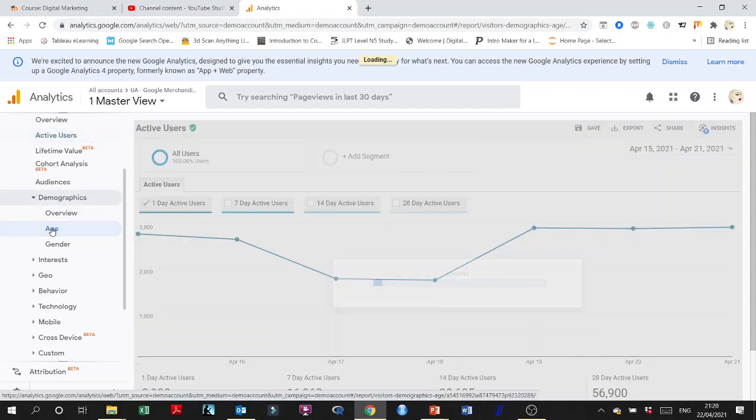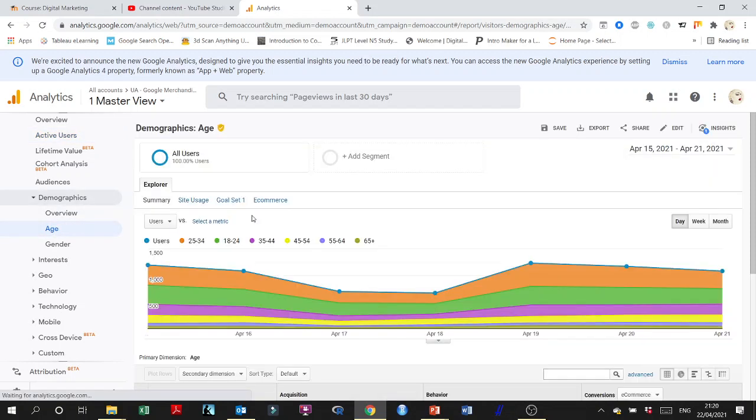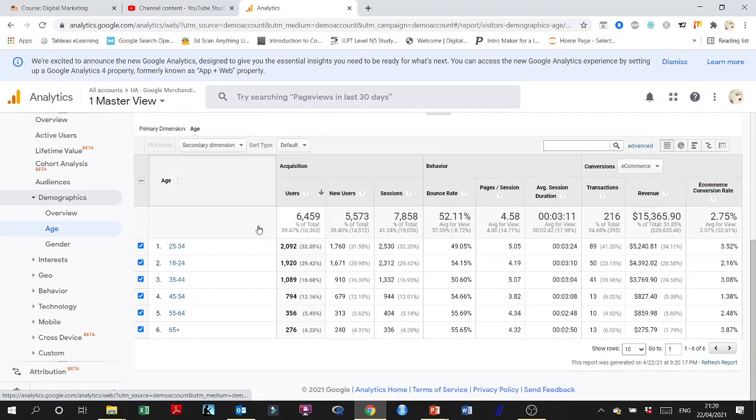You can see here different age groups. As I explained the customer persona, I would like you to imagine a different group and take a look at a certain group. For example, most of our traffic here is coming from 25 to 34, so it is probably sensible that we choose a persona with this demographic.